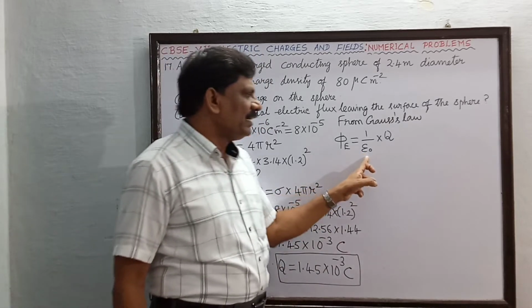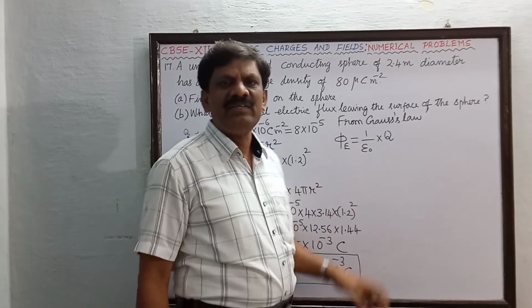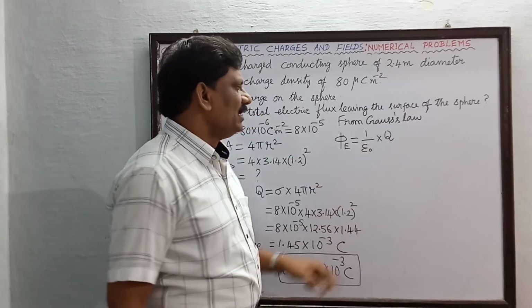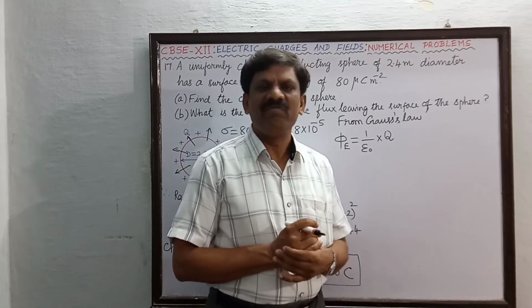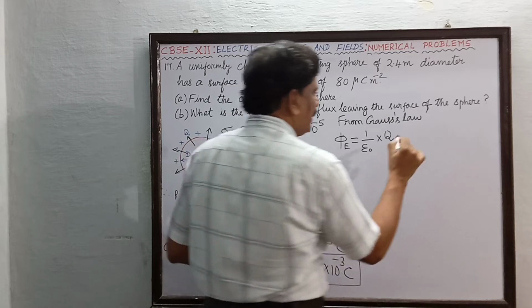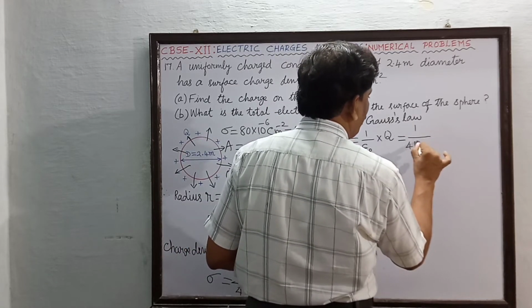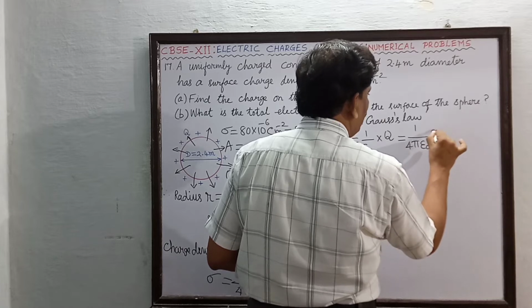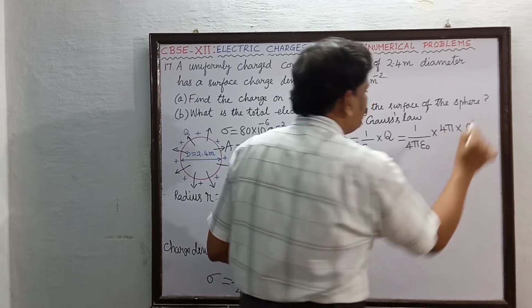So in the denominator there is a term epsilon naught, that is called permittivity of free space. Now I am going to multiply the numerator as well as the denominator by 4 pi, so that I can write this also as equal to 1 divided by 4 pi epsilon naught into 4 pi into Q.